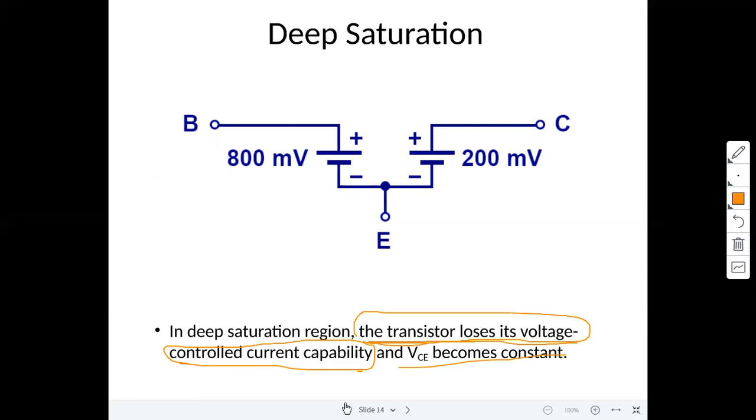The important observation is that in saturation region, collector current reduces and base current increases. If VCE reduces to 200 millivolts, then it is in deep saturation region. Whenever a transistor operates in deep saturation region, it loses its voltage controlled current property.